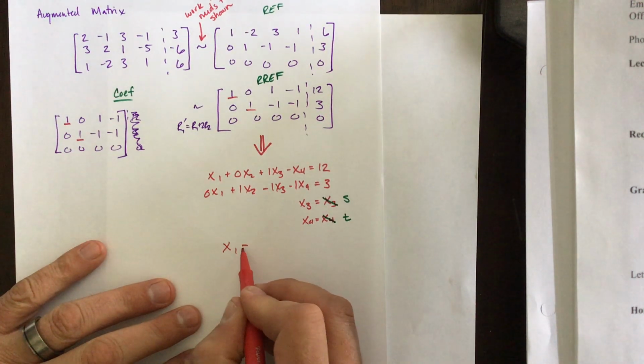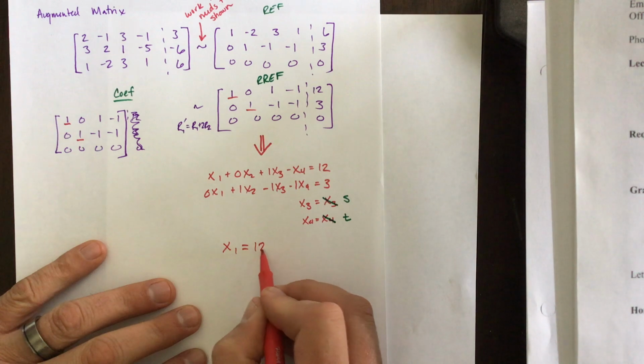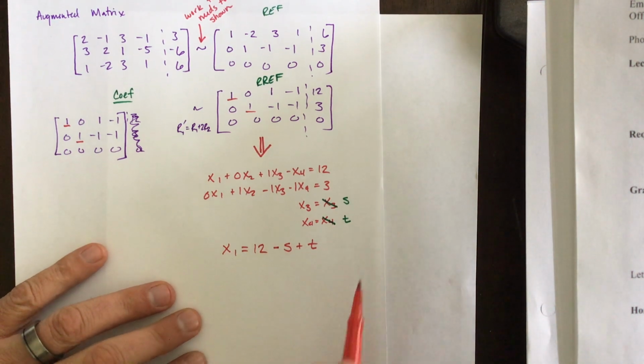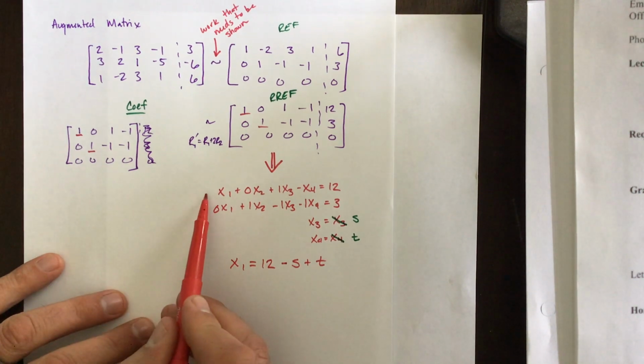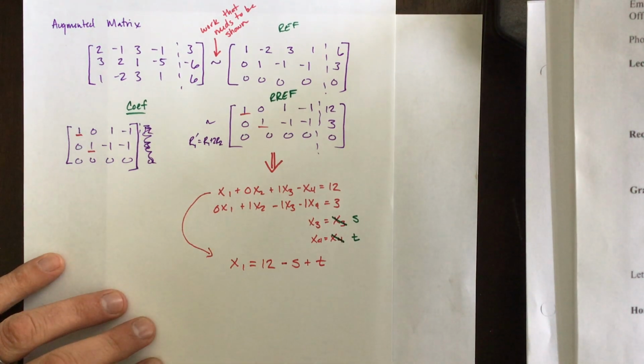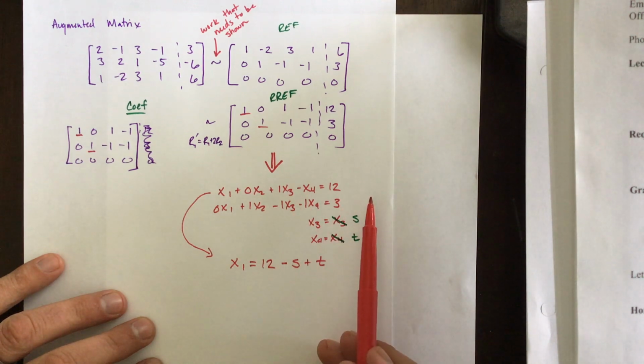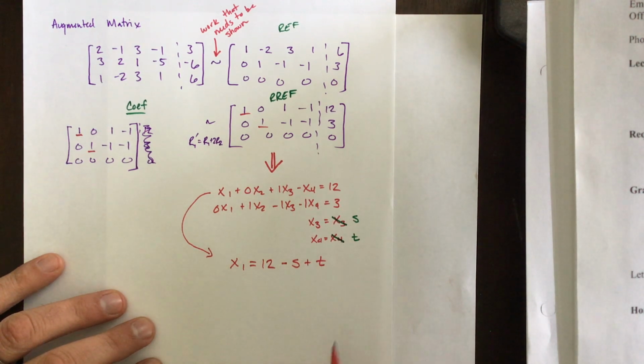x1 is going to be equal to 12 minus s plus t. How do I get that? Take this equation and solve for x1. Subtract x3 over to the other side, add x4 to the other side. x3 is s, x4 is t.